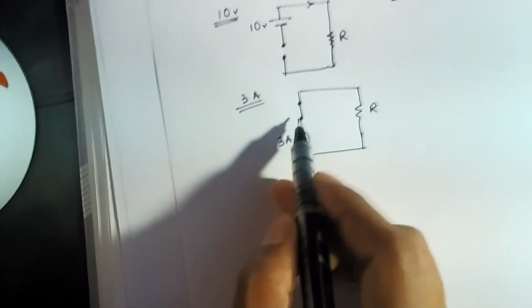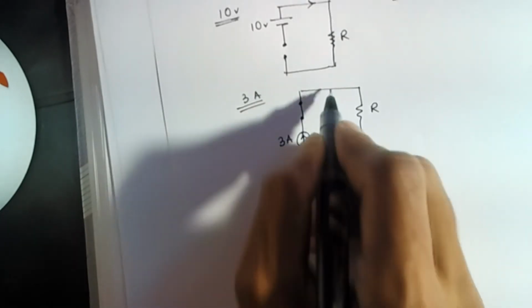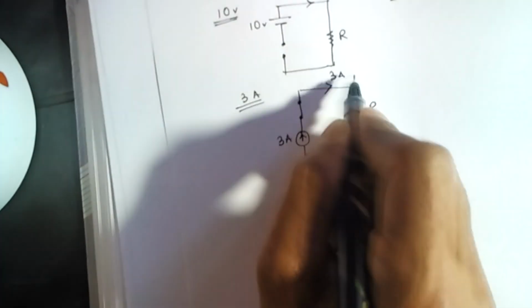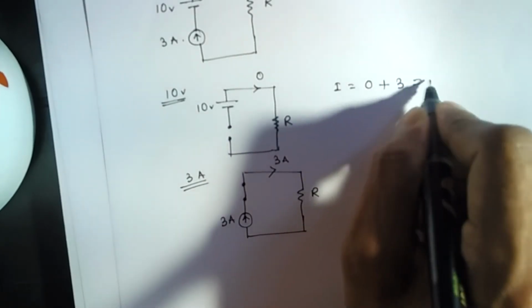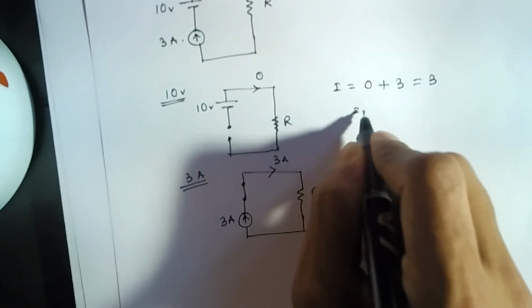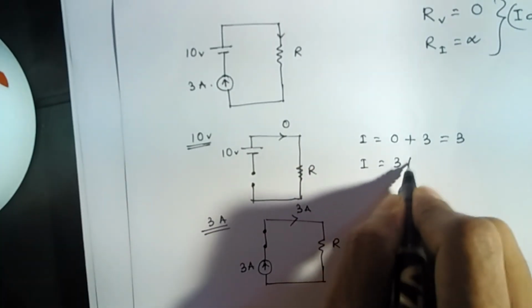So current flowing this way is 3 amps. 0 plus 3 equals 3. So total current through this resistor is 3 amps.